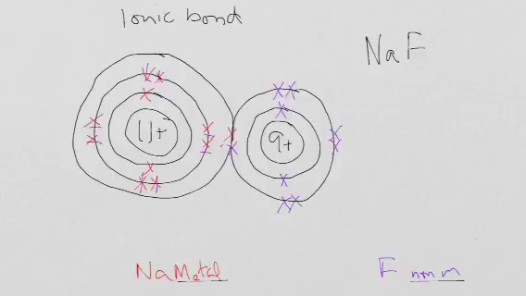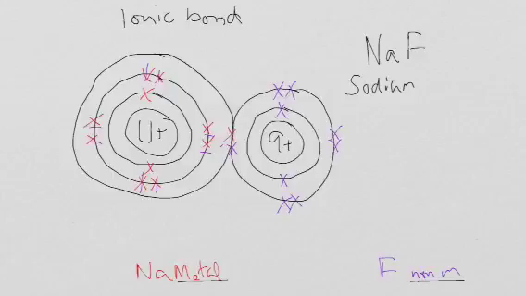What is its actual word name? What is the name of the compound? When we talk about naming ionic compounds, a few little rules happen here. The metal's name gets written out in full. It's still sodium. But what ends up happening to the fluorine? It's not going to be sodium fluorine.